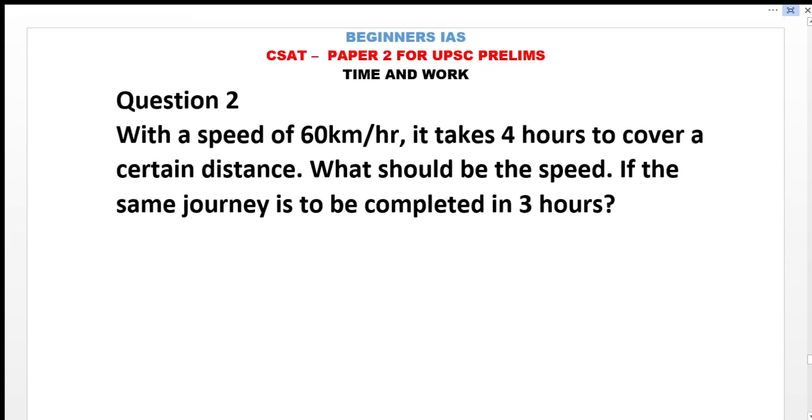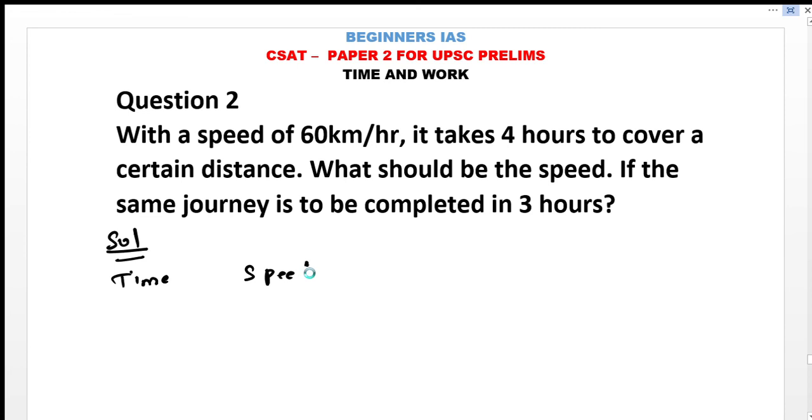With a speed of 60 km per hour, it takes 4 hours to cover a certain distance. What should be the speed if the same journey, meaning the same distance, is to be completed in 3 hours? Here I am going to solve using the arrow method, with the time and the speed.